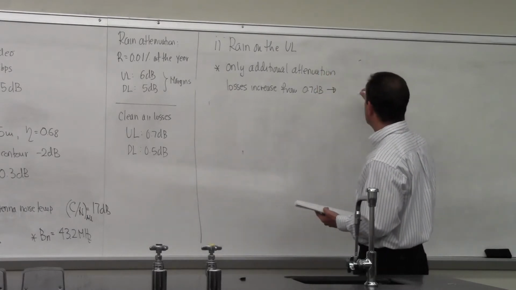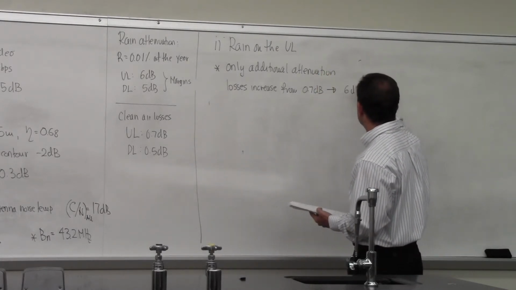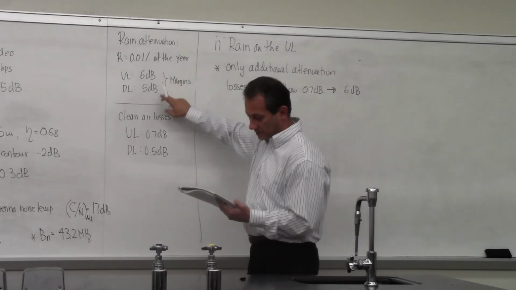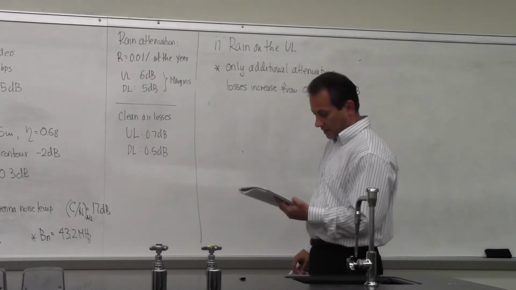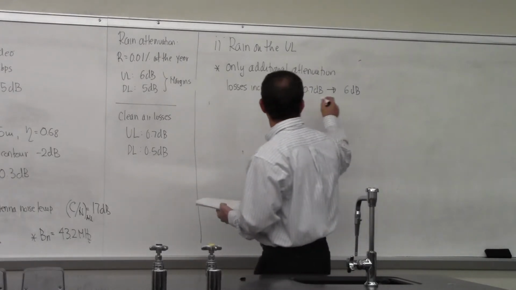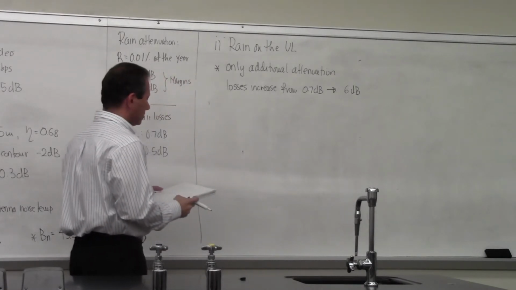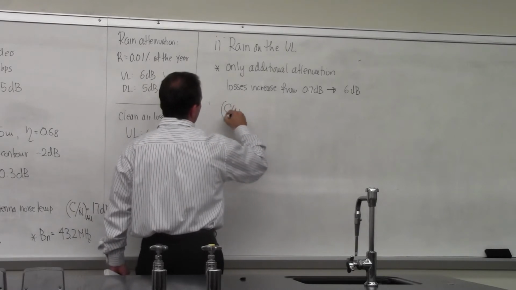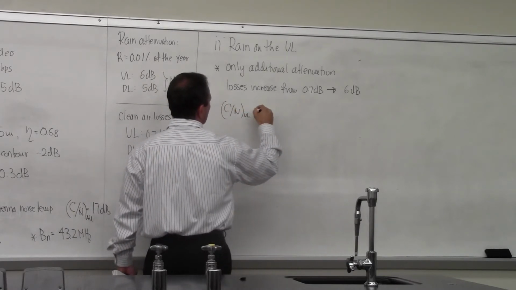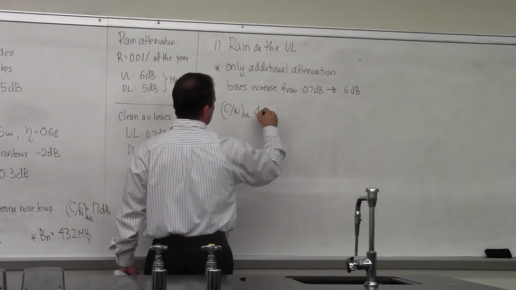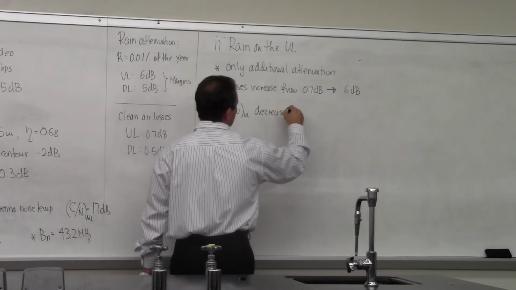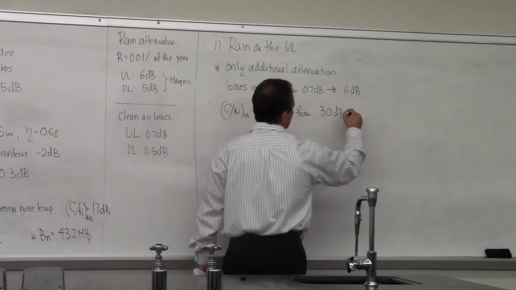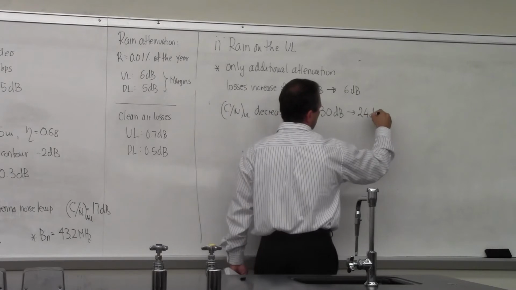To 6 dB. So now, since the losses go to 6 dB, your C to N on the uplink decreases from 30 dB to 24 dB, right?